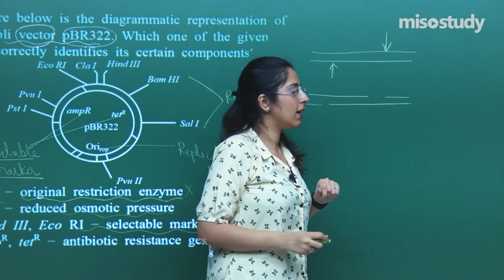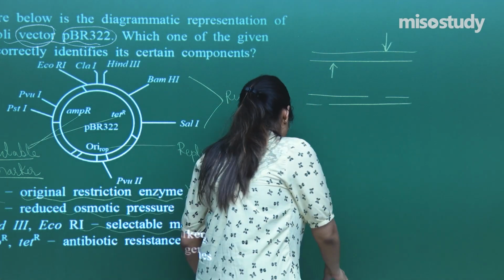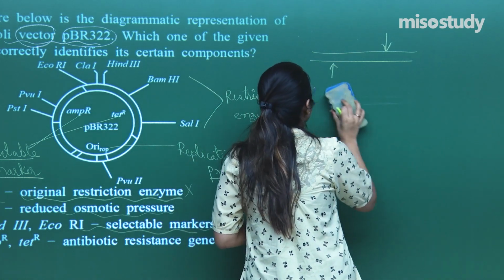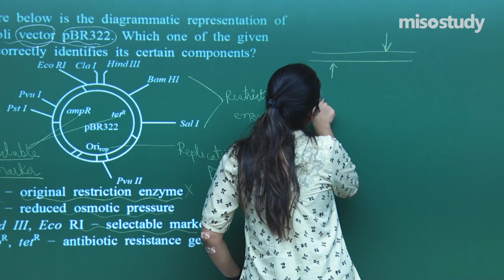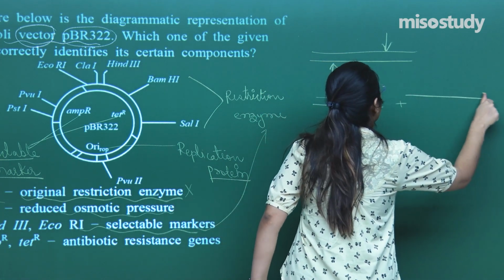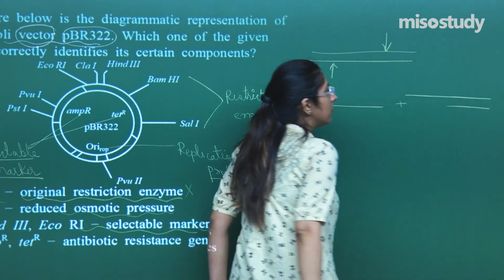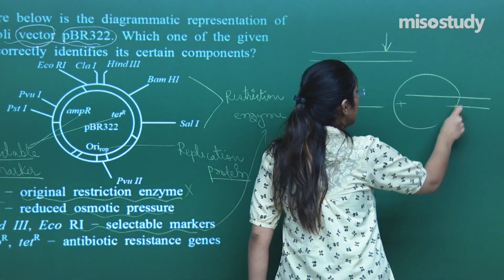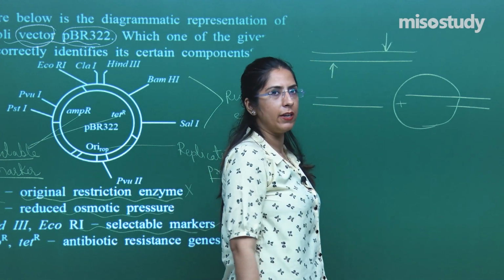This is called a sticky end, or if I elaborate, I can write it like this. These are called sticky ends because these sticky ends can easily join to our gene of interest.